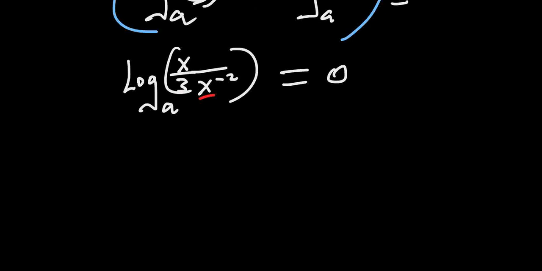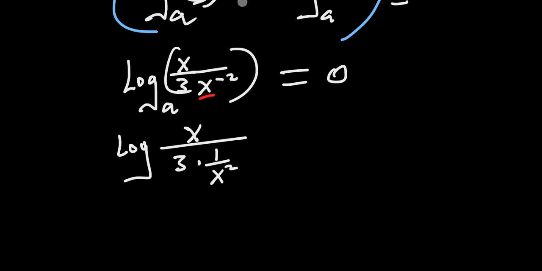So this will become log x over 3, okay, times 1 over x squared. I'm using a dot multiplication at this point, okay. So this is equal to 0.